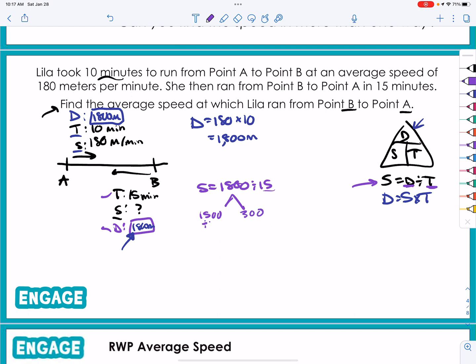And these are good numbers to pick because 1,500 divided by 15 is 100, and 300 divided by 15 is 20. Because if this was 30 divided by 15, that's 2. But it's got to be 10 times greater. So 10 times 2 is 20. So we know Lila's speed from B to A is 120 meters per minute.